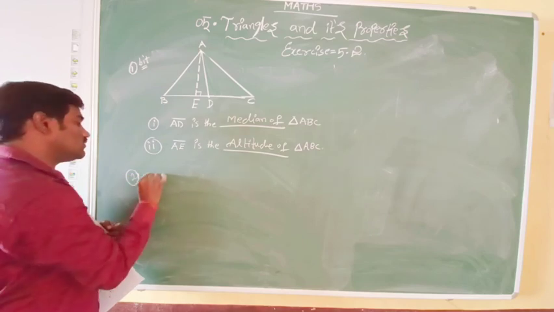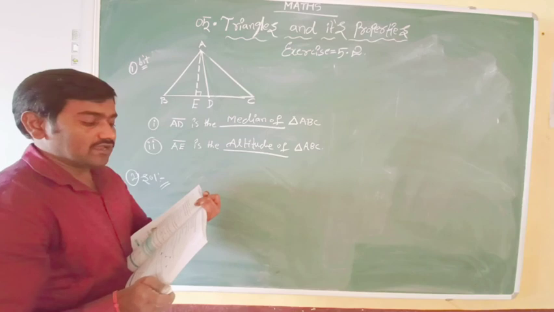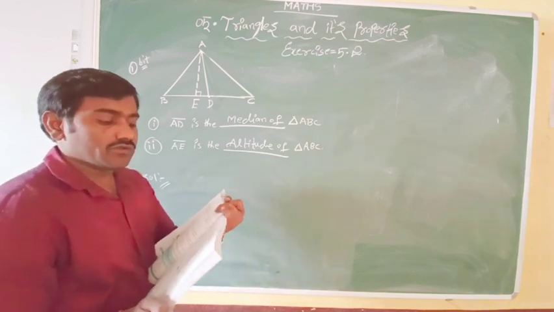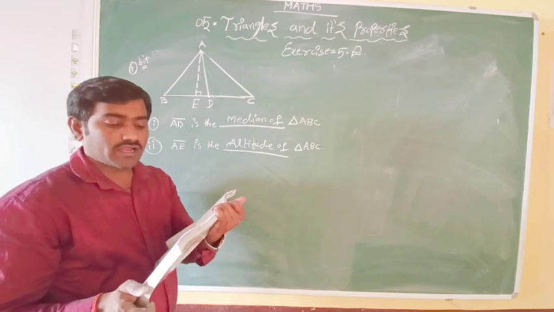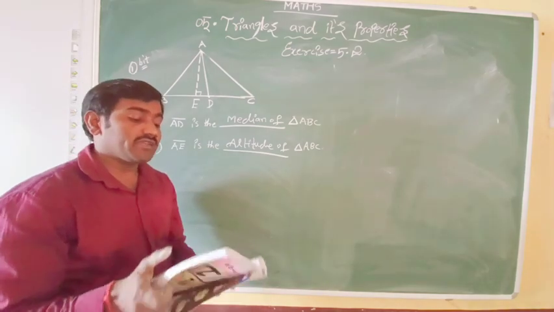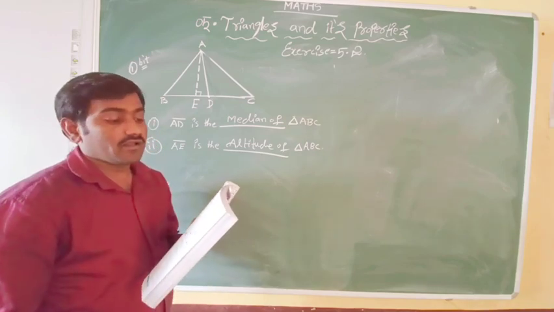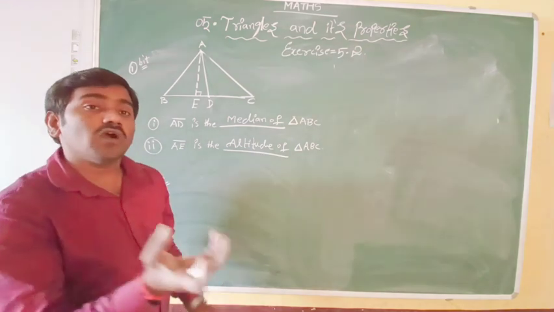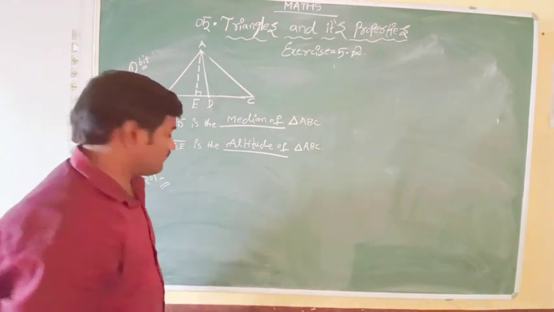The second question solution. Name the triangle in which two altitudes of the triangle are two of its sides. Name the triangle in which two altitudes are there, and the two altitudes are also sides of the triangle itself.